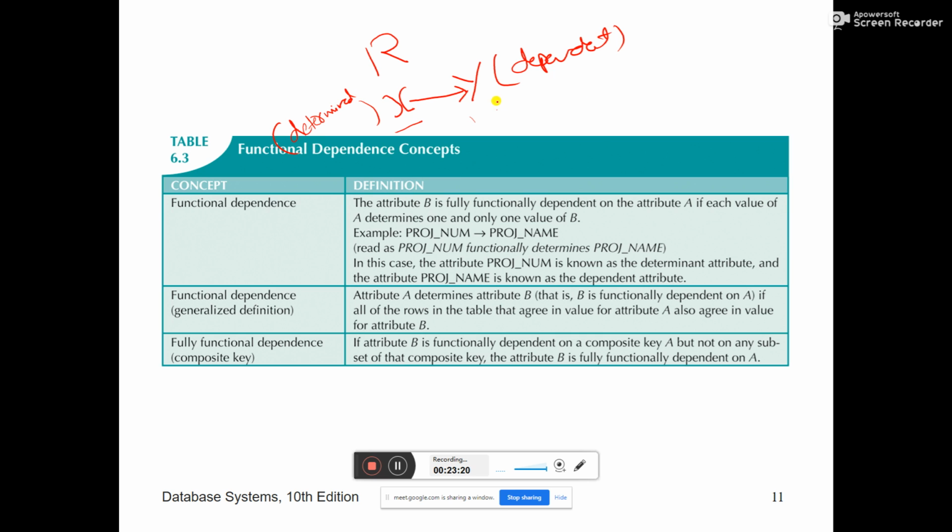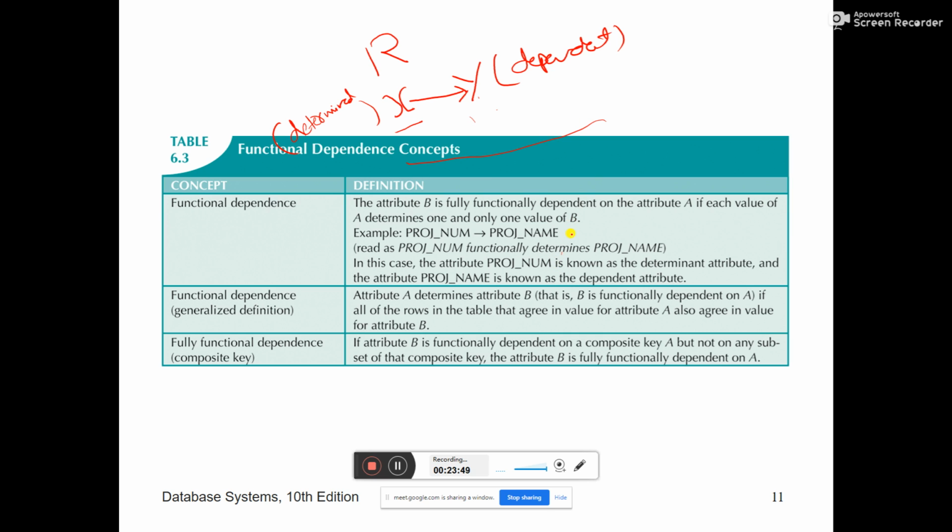We write it like this: Y is dependent on X if for every valid instance of X, that value of X uniquely determines the value of Y. The left side is the determinant and the right side is called the dependent.